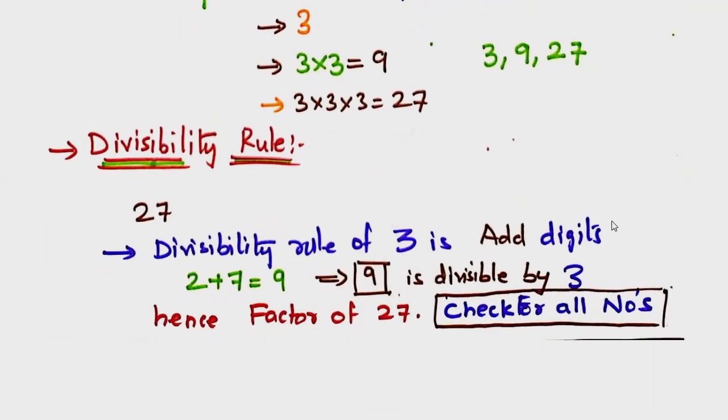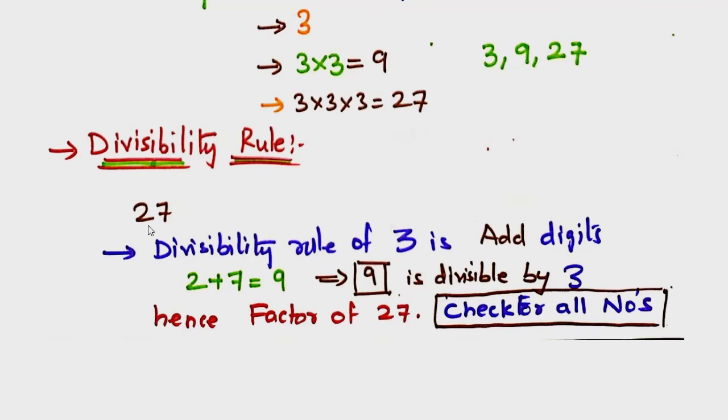We have another support, I would say, in order to find factors of a number. You can use divisibility rules. For example, if a number is divisible by 3, then the sum of the digits of that number is divisible by 3.